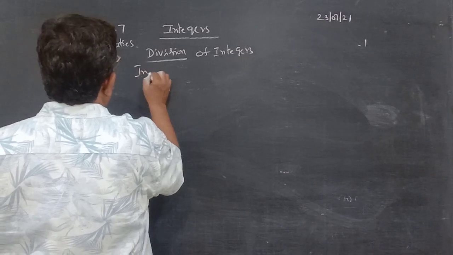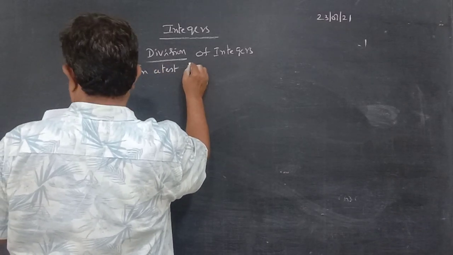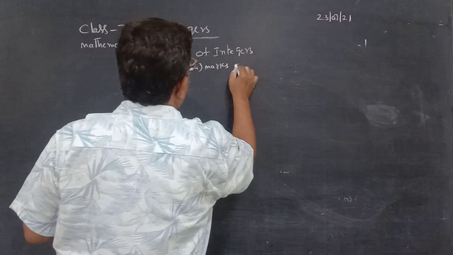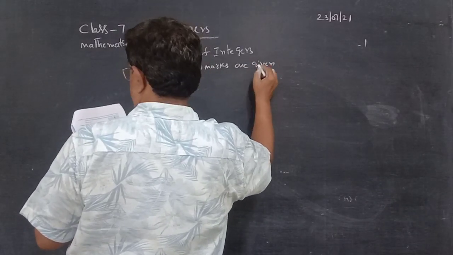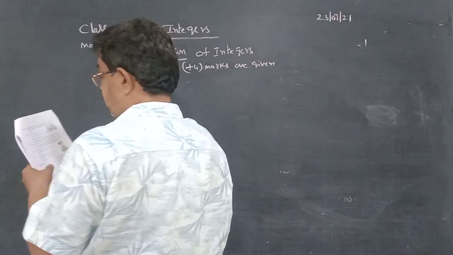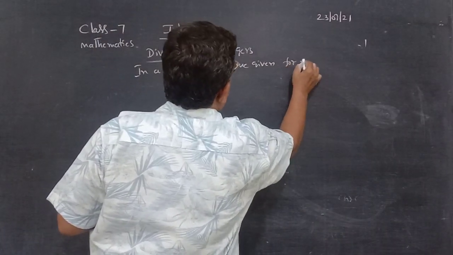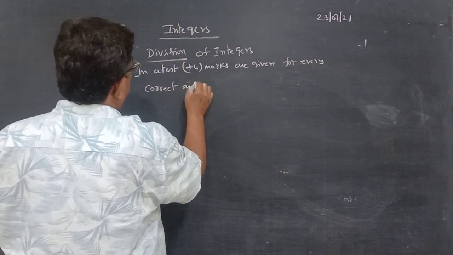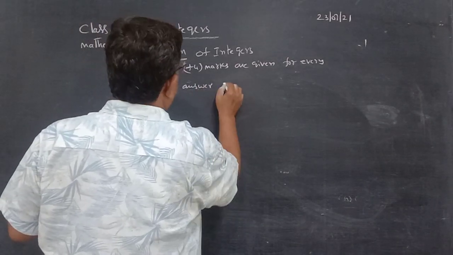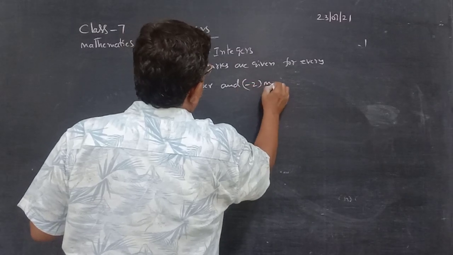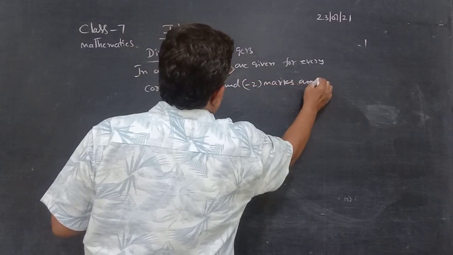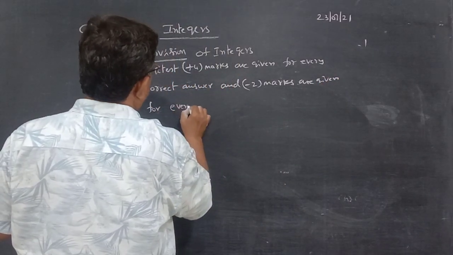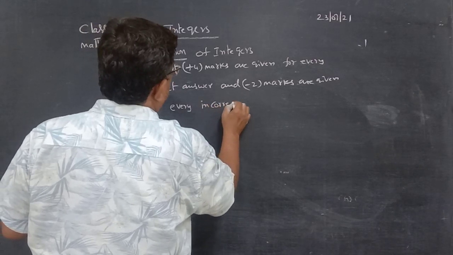So in a test, +4 marks are given for every correct answer and minus 2 marks are given for every incorrect answer.